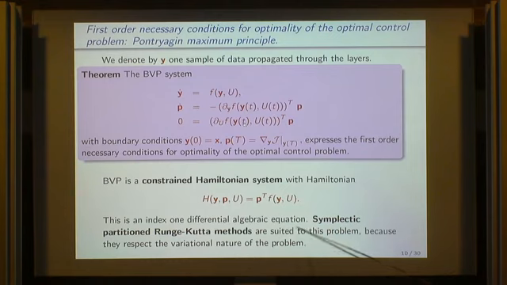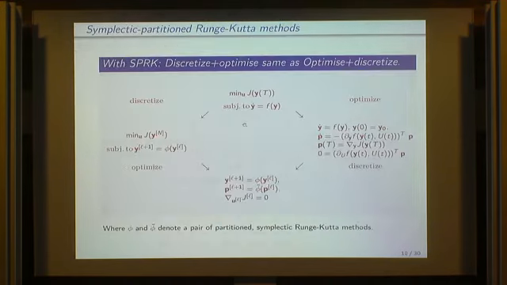So you see, I want to argue that symplectic partitioned Runge-Kutta methods are the right way of discretizing this. It's quite well known, in fact, in the literature for optimal control problems. And the reason is that they respect the variational nature of the problem, also under discretisation. Let me say schematically what it means.